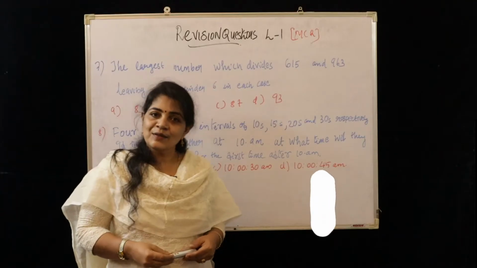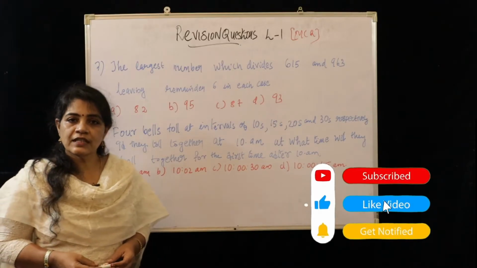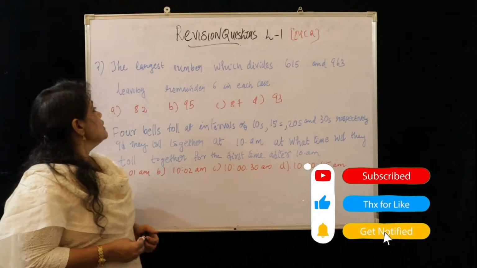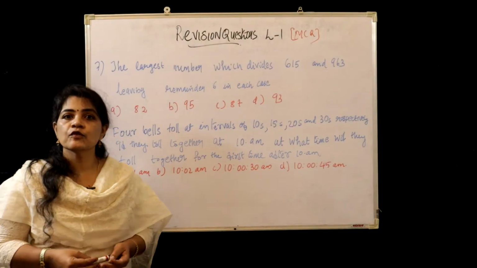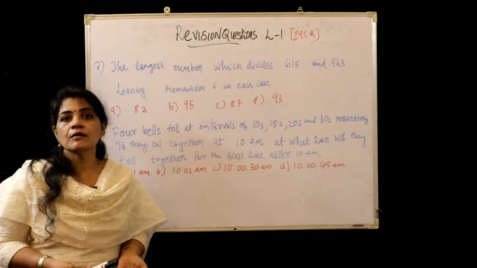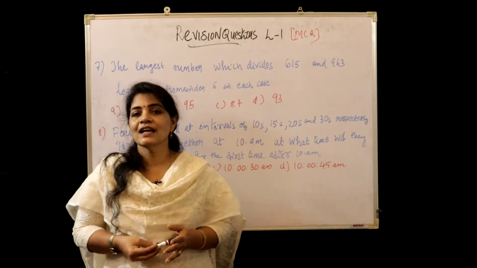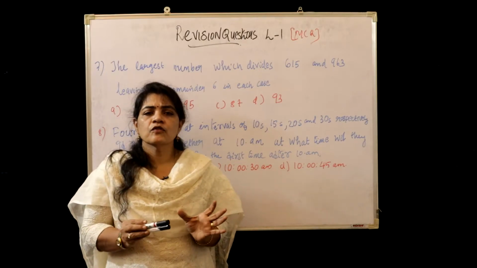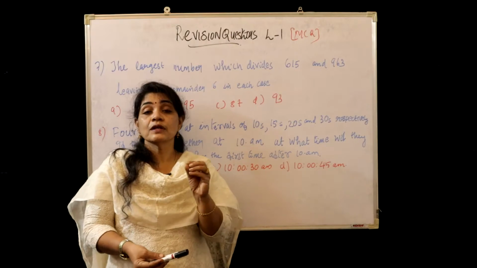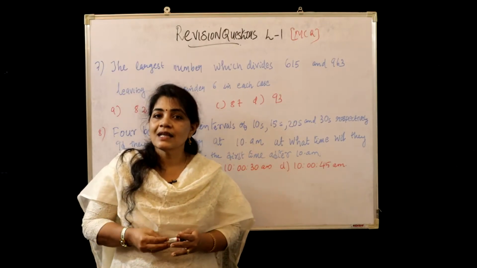Okay. Now the seventh question. The largest number which divides 615 and 963, leaving remainder 6 in each case. In such type of question, children, whatever the numbers, if the problem asks for the largest number and there is a remainder, you have to get the HCF.